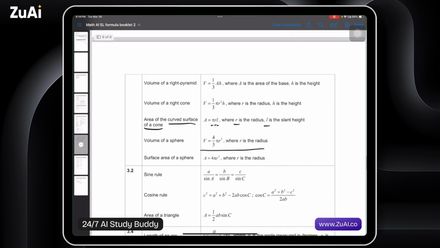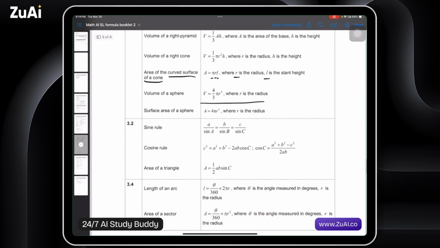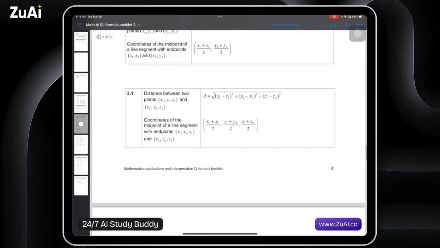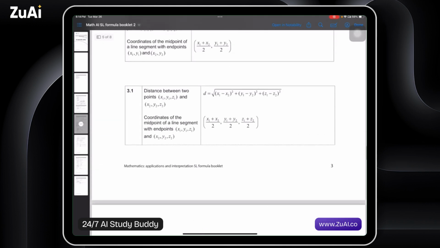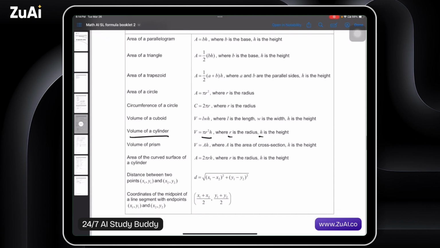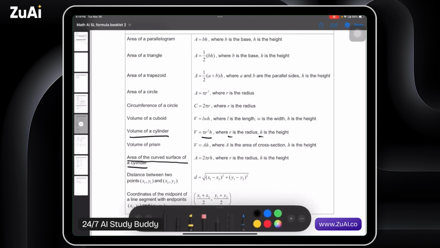Here we are. Area of a curved surface of a cone. We want the curved surface of a cylinder. Okay, let's see. Here we go. Area of a curved surface of a cylinder, and it is 2 pi r h. r is the radius, h is the height. 2 pi r h. Okay.